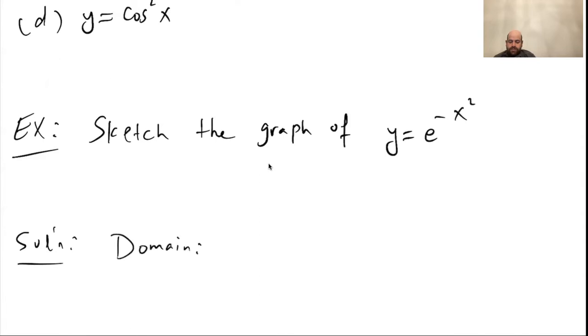For domain, we know that we have to look whether there is any restriction on x, because the domain is not given. So we have to find the natural domain, meaning the largest possible domain. And we have to see whether there is any x value that x is not allowed to take. So here, we don't have any denominator, we don't have any square root, we don't have any logarithm.